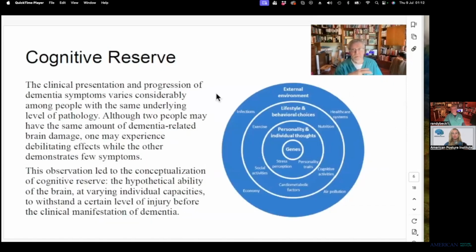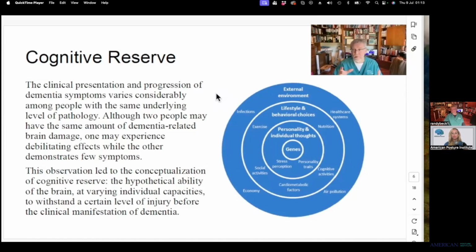Okay, now let's talk about the concept of cognitive reserve. Often we have people whose clinical presentation shows a progression of dementia symptoms that vary among people. And in some people, the symptoms they're experiencing do not match what we would expect based on the amount of damage that has been done.